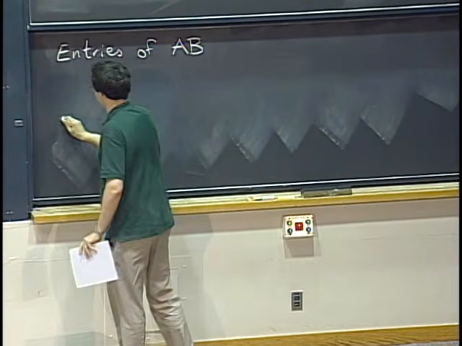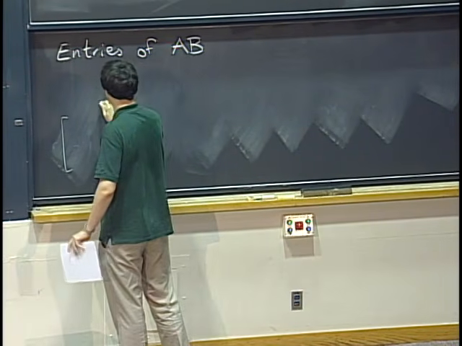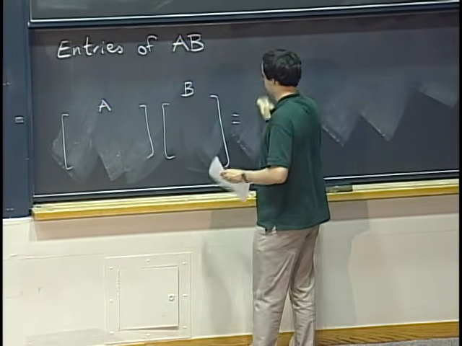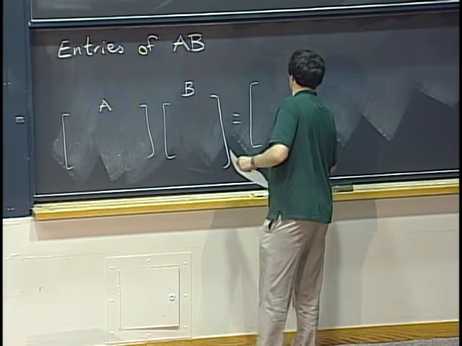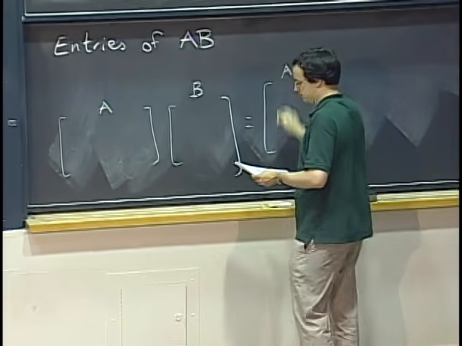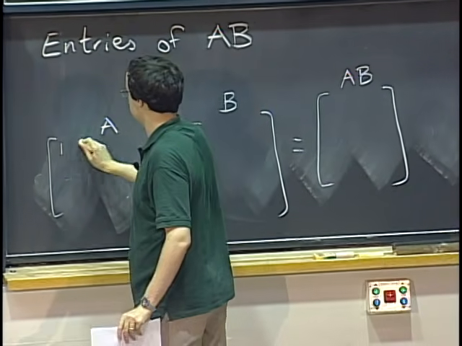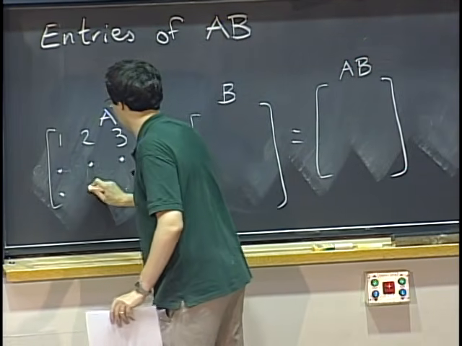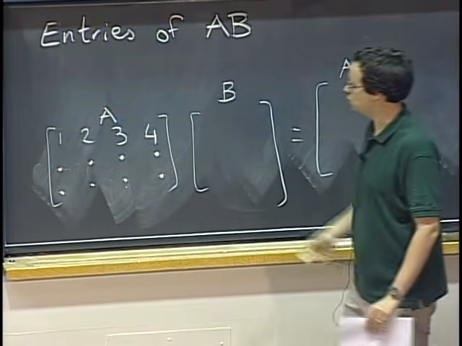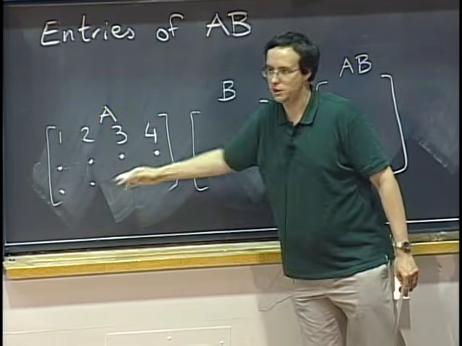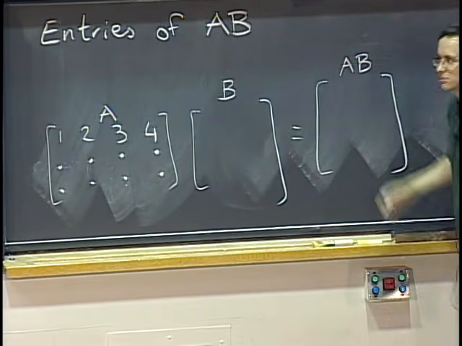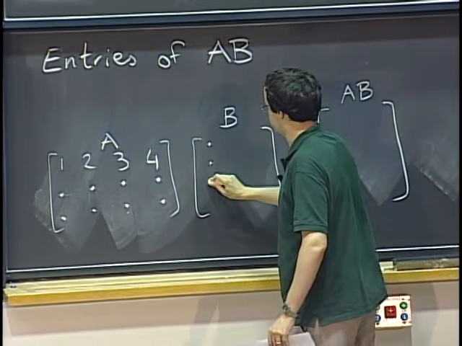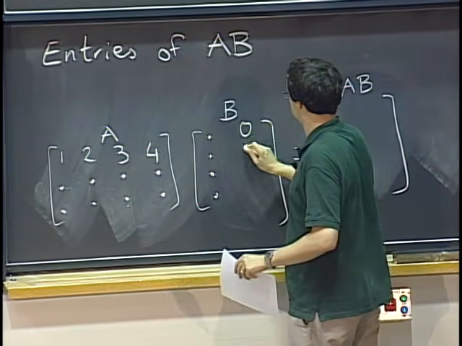So if I have my matrix A, and I have my matrix B, then I will get the product AB. Let's say, for example, that A, this works in any sizes, is a 3 by 4 matrix. So it has 3 rows, 4 columns. And here I'm not going to give you the values because I'm not going to compute everything. It would take the rest of the lecture. And let's say that B is size 4 by 2. So it has 2 columns and 4 rows.